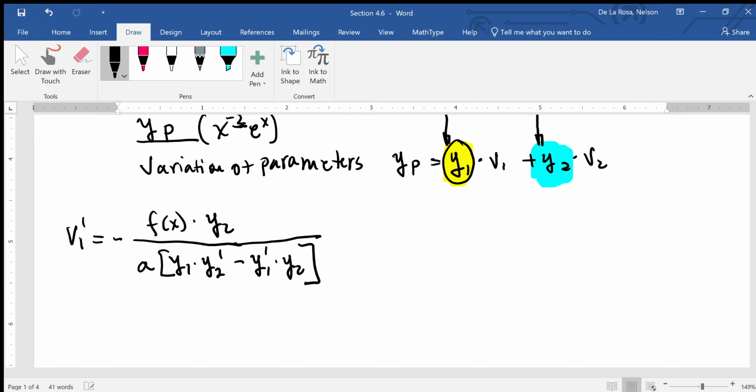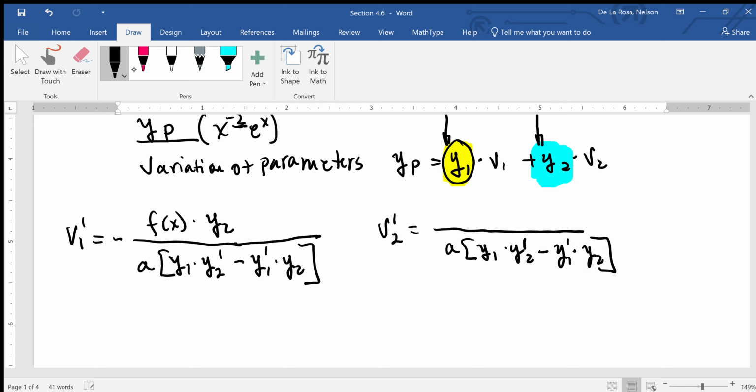Now, v2 prime is very similar. There is only one difference. The bottom is exactly the same, and the top is going to be positive as it's going to contain y1 instead of y2.